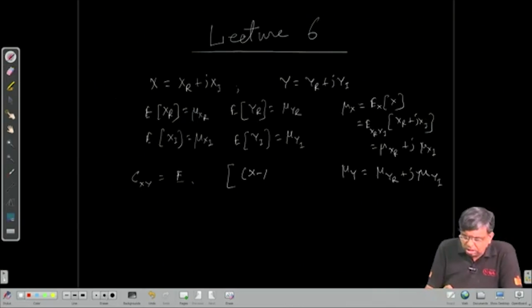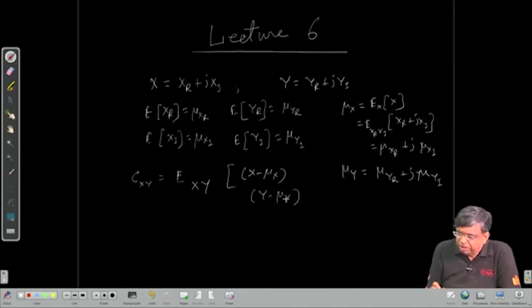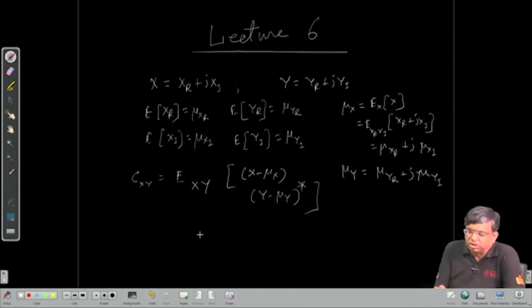So, here I write like this: x minus mu x, and y minus mu y, but I put a star here, conjugate. I am just constructing a function, x minus mu x times y minus mu y star. What does it mean? That x is a complex random variable, its mean is mu x.